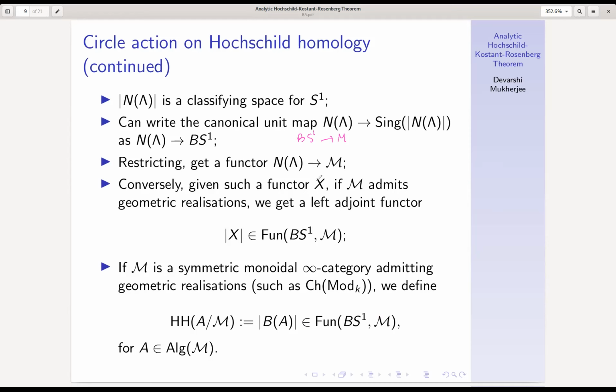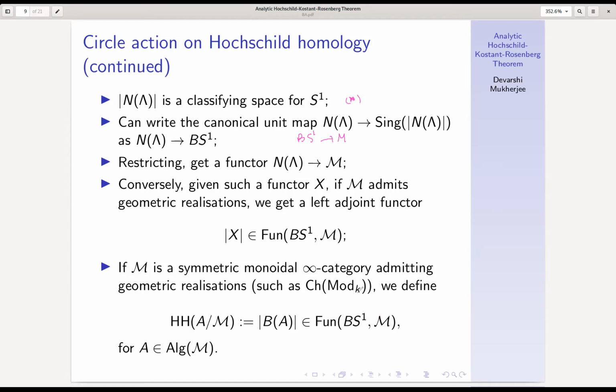So in other words, whenever we start with a functor from here to here, we can geometrically realize it and get a functor from BS1 to M. And well, this is like the crucial ingredient. So in this sense, we can always get an S1 action if we start with, let's say, this Hochschild complex. Okay.